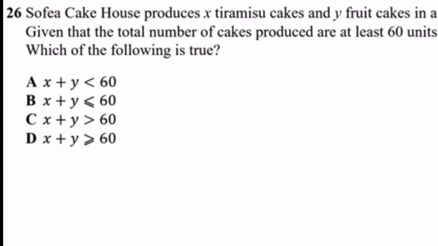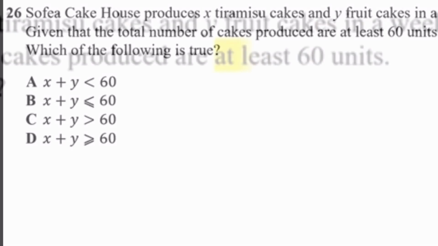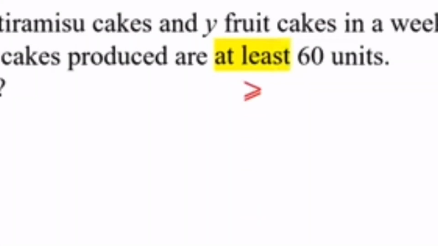So this is about the inequality, so we have to choose the right answer. Because of the words at least, we will choose the inequality which has the sign of more than or equal to, right? So because of the more than or equal to, we can get the answer easily.